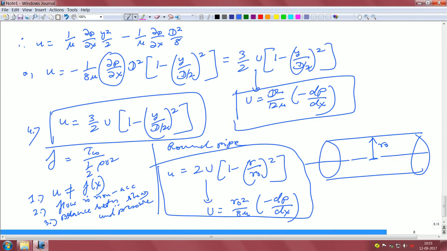Why did we get away? Because the nonlinear term of the momentum equation got cancelled, because there was no convective derivative to begin with, right. So, taking advantage of that, we were able to get to this particular situation where there was no acceleration term.